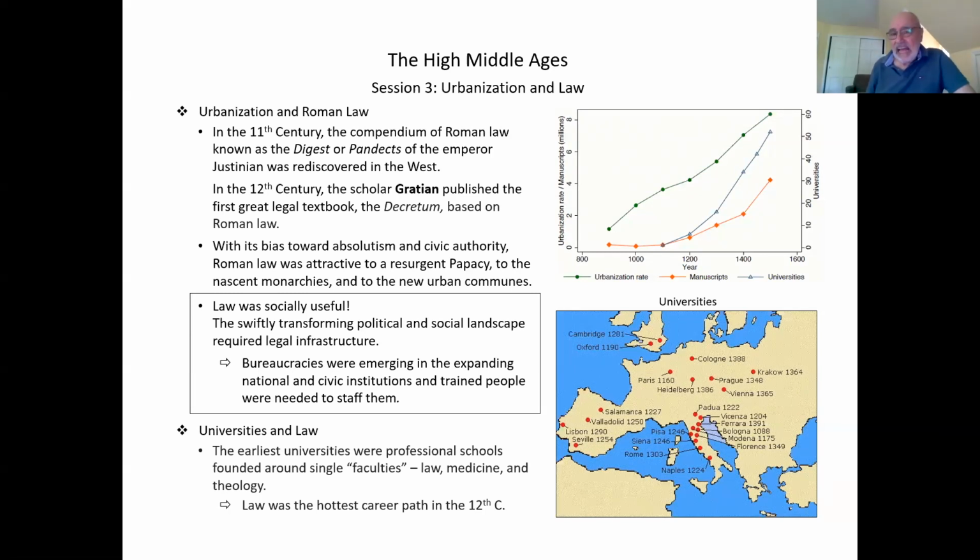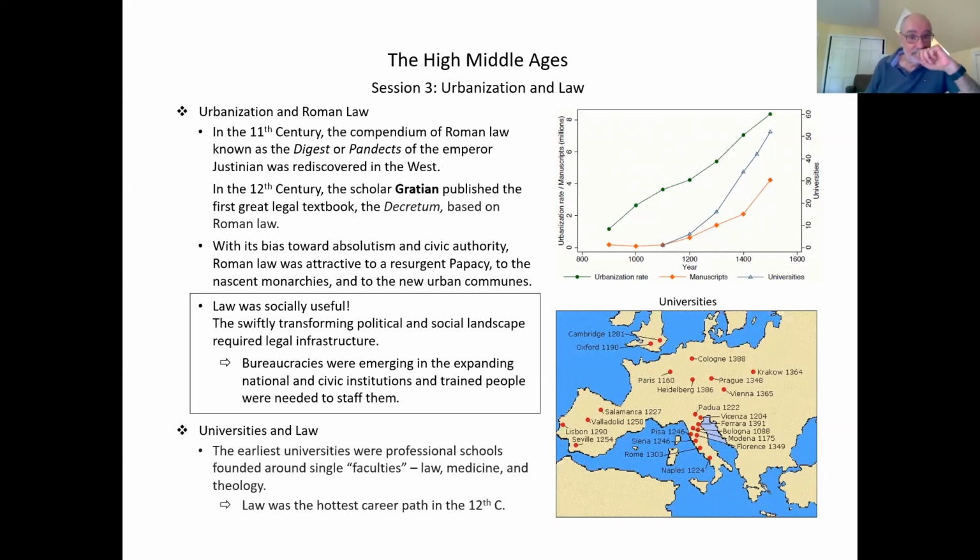And it was immensely useful, particularly to the new political entities, because being an imperial document, Roman law had a bias in favor of the powers that be, absolutism, or the prince, if you will, or the mayor, if you will, of whatever civic entity we should be applying the laws to.